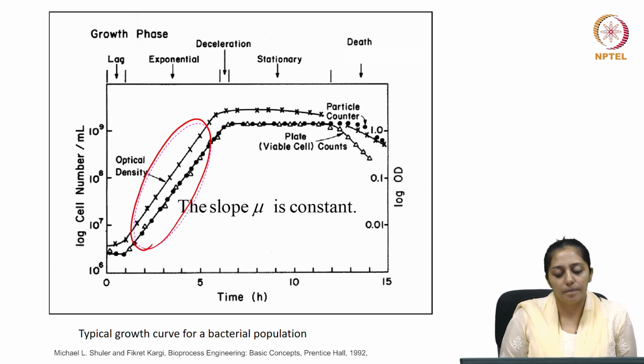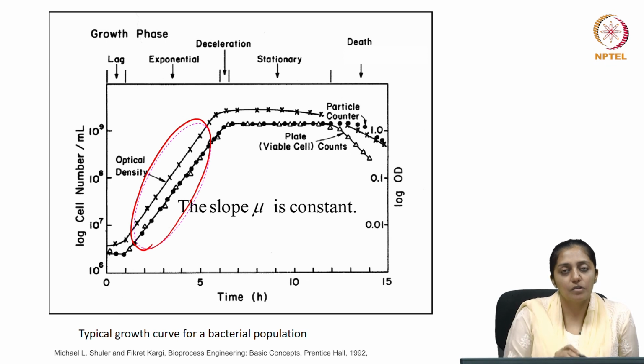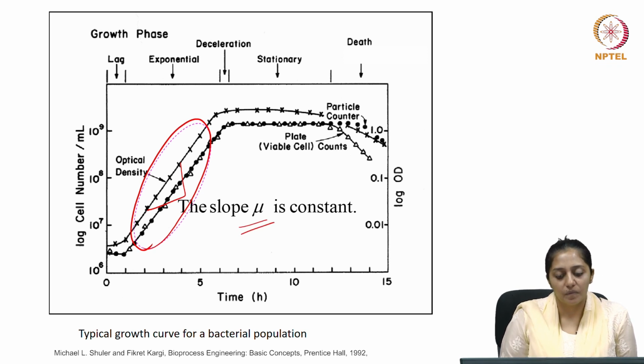This is the region which demonstrates constant slope. If you make a plot of log cell number versus time during the exponential phase, this is an inclined straight line with a constant slope, and it is showing the maximum slope in the growth curve. So, this is your specific growth rate of the culture.